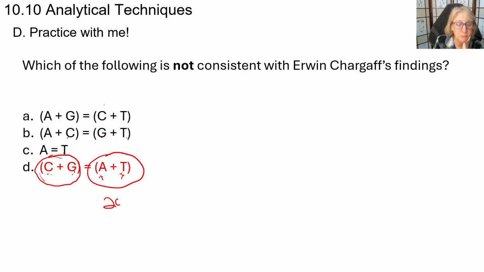You can have 40% A's and T's and 60% G's and C's, or 10% A's and T's and 80, wow, 80% C's and G's, but their ratios have nothing to do with each other, except they all have to total 100%.